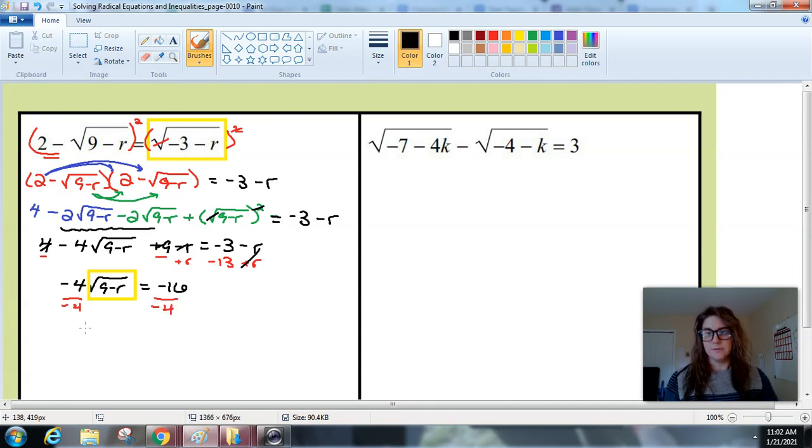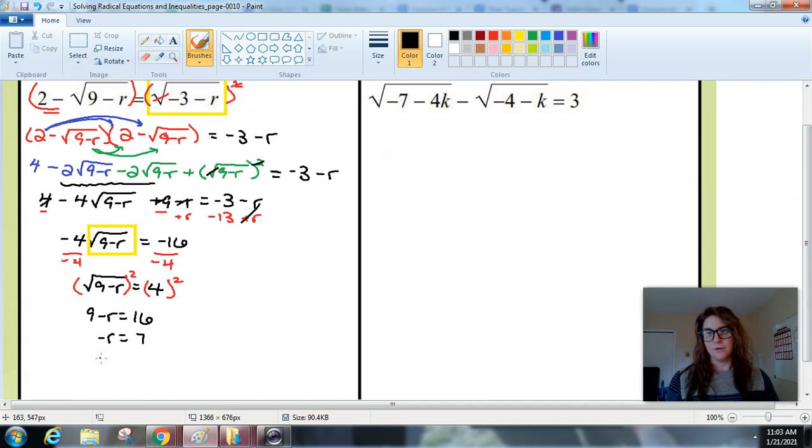The radical comes down. -16 divided by -4 is a +4. And then repeat the process. Square it to get rid of the root. 9 minus r is going to drop down. 4 squared is 16. And this should be really easy to solve. Subtract the 9, that's 7. And then we have r equals -7.